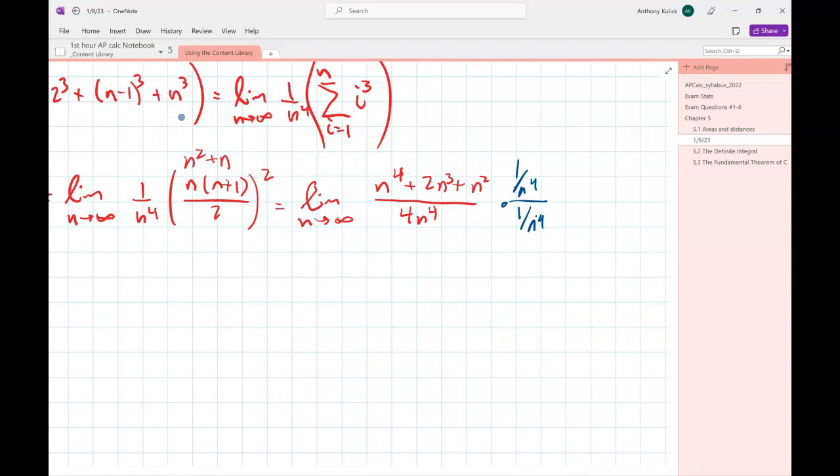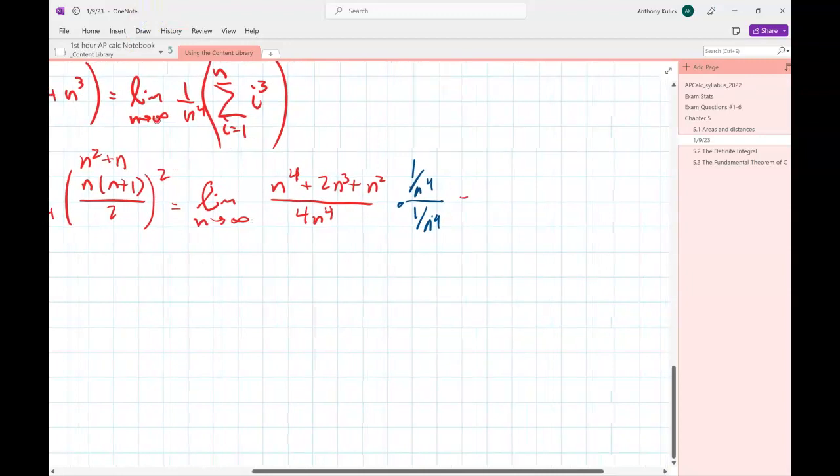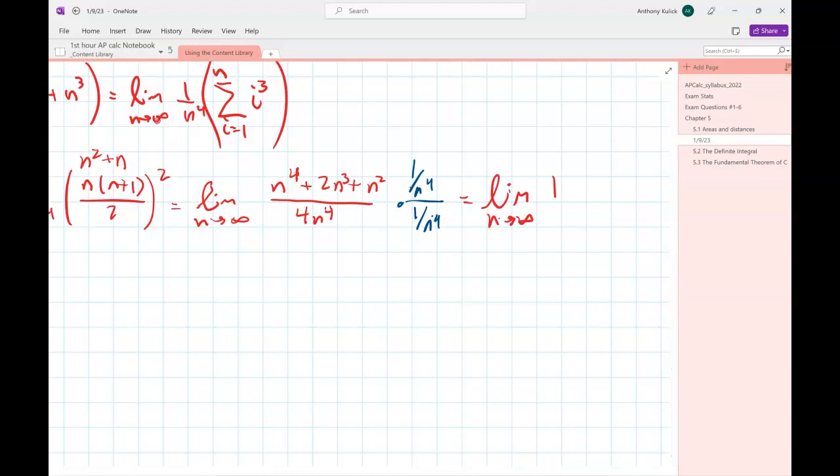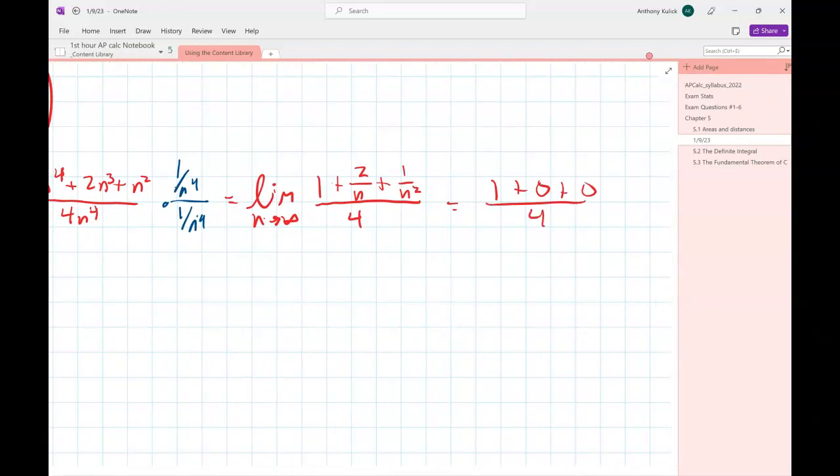Or I can just do this, which I think is probably easier in this case. And now when I do a direct substitution, I get 1/4.